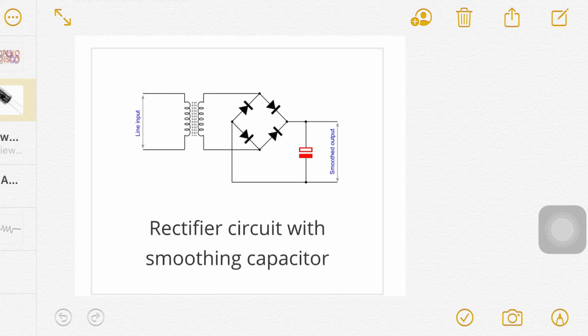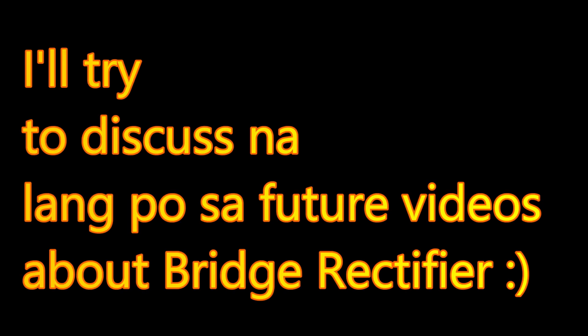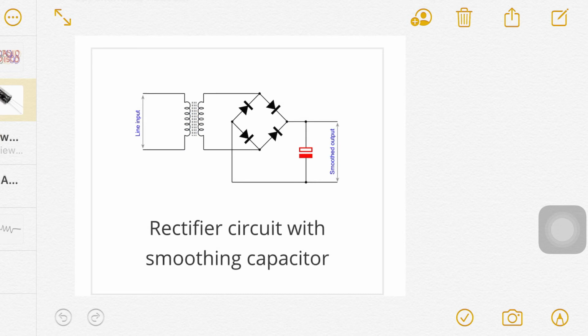Tapos, pagdating naman sa negative half nun, makakat siya. So, natitira is mga positive halves. Pero kung imagine natin yung itsura nun, nawala lang yung negative half, naiwan yung mga positive half. Pero hindi pa rin natin totally na-achieve yung smooth na DC na gusto natin.